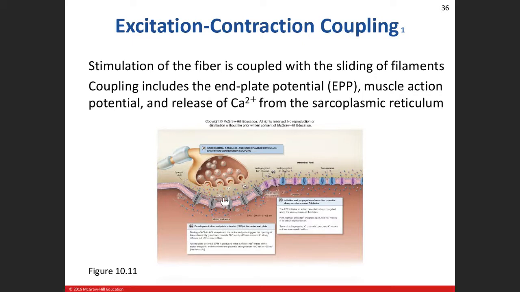So when an end plate potential occurs, it's literally the same thing as throwing a big rock into a pond. It goes out, just spreads out. And that action potential shoots out from the origin source, and it looks for T-tubules. Okay? And then it's going to go down those T-tubules, right? Like a well. Think of the T-tubule as a well.